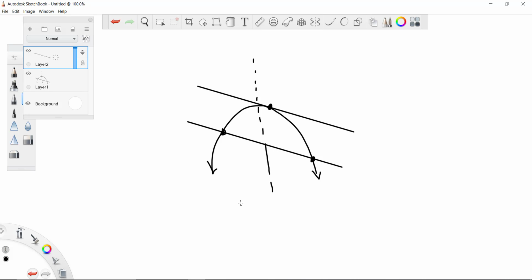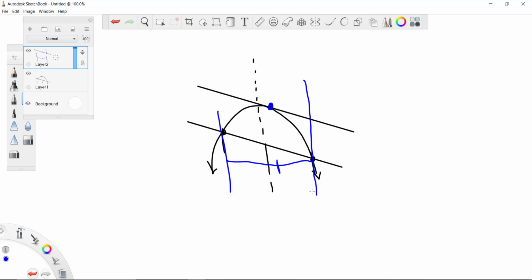And what's really cool about this is if you look at just the x coordinates of these points, this point that he draws is always exactly halfway between those 2 points where the line intersects the curve.